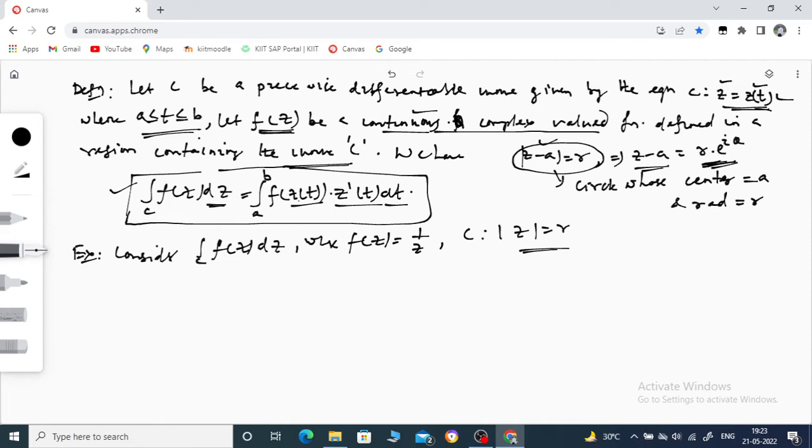So z is equal to a plus r e to the power i theta.